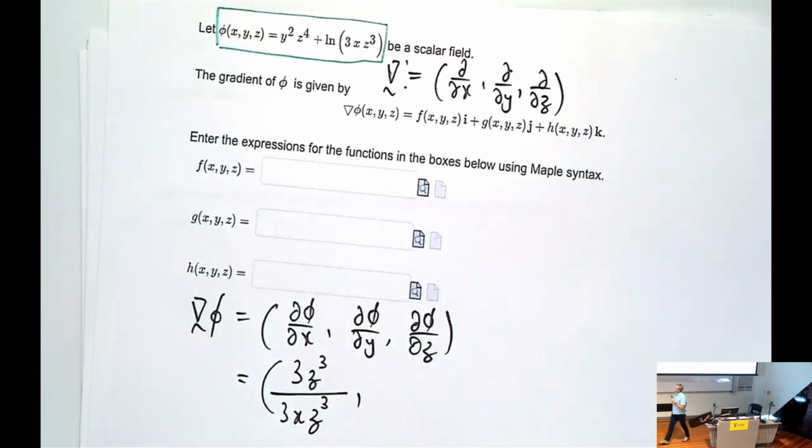What about d phi dy? What's that going to be? Who can tell me? Two y's to the power of 4. Yep, so the y squared is the only y in there, so imagine everything else is constant, 2y times z to the power 4, exactly.